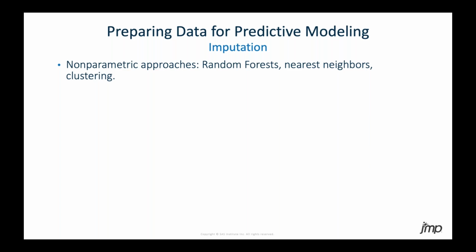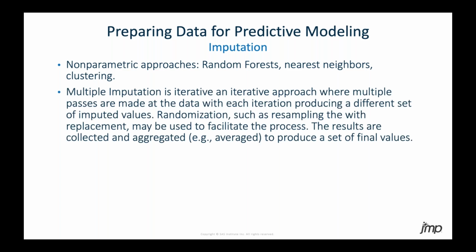Basically, you'd be using that clustering algorithm or the nearest neighbor algorithm to find the nearest observation for a given observation, or the cluster it falls into, and then use that to predict what the missing values are. So again, you find the closest observation in the data table, or you find the cluster that observation belongs to, and then you use that to help you predict.